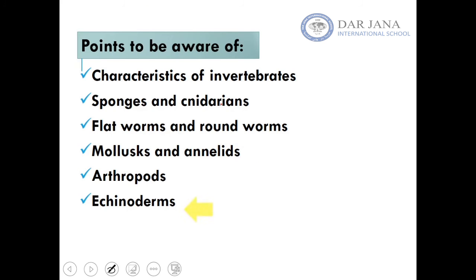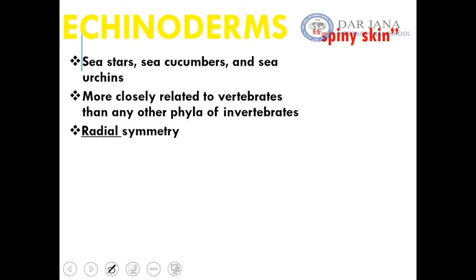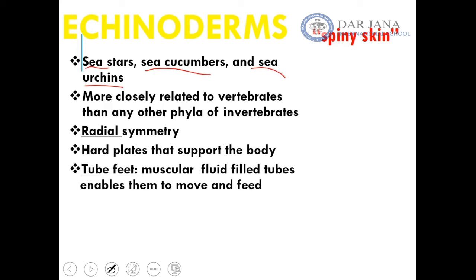And the last phylum that we are responsible for, and we should know, the echinoderms. When I talk about echinoderms, I'm talking about the ones that have spiny skin. Spiny skin like what? Like the sea stars, sea cucumbers, and sea urchins. More closely related to vertebrates than any other phyla of invertebrates. They have radial symmetry.